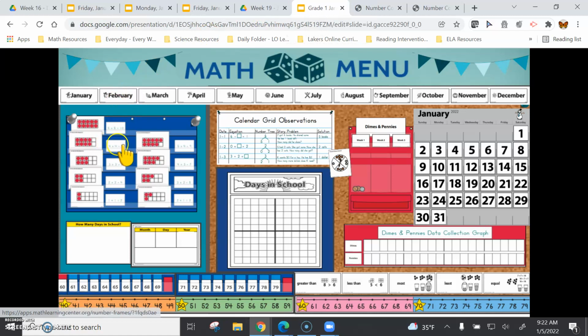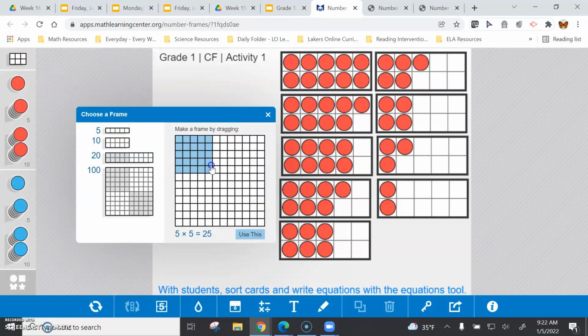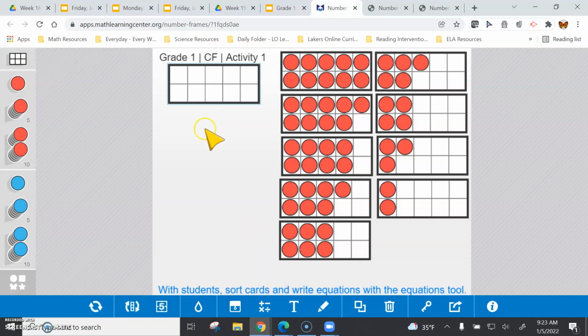What I'd like to do now is ask you to do something with me. We are going to work on a number frame, but we're going to talk today about doubles plus or minus 1, and this will not take long.